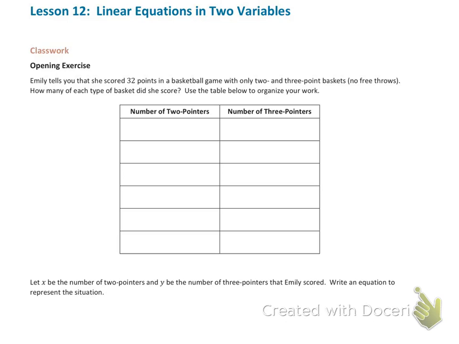So if she didn't score any 3-pointers, we could say all of her points were from the 2-pointers, so she made 16 shots of those. So 16 times 2 is 32, plus 0 is 32. Okay, so see if you can find 5 more combinations like that that work.